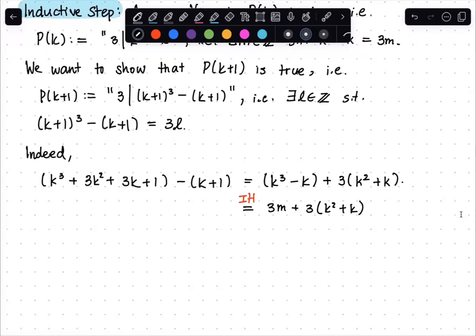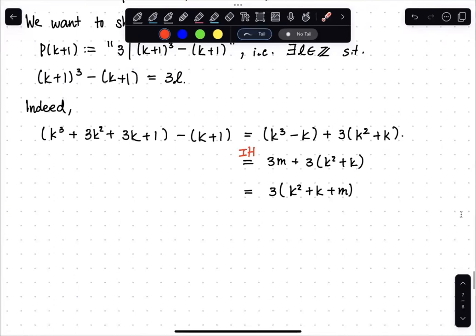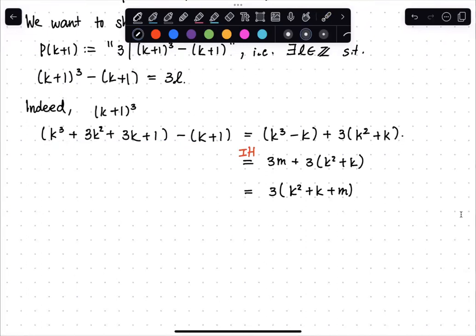And now common factoring out the 3, I have k squared plus k plus m, right? So what does that mean? Well, we're saying here the right-hand side, which originally was k plus 1 cubed minus k plus 1, this original statement, we're saying that is equal to 3 times this.